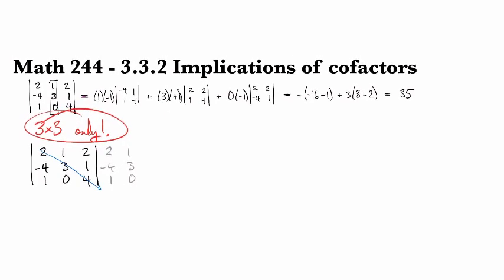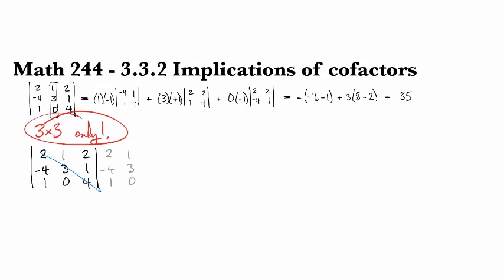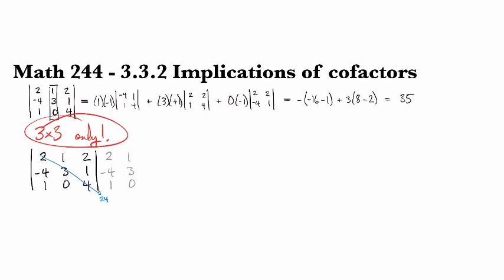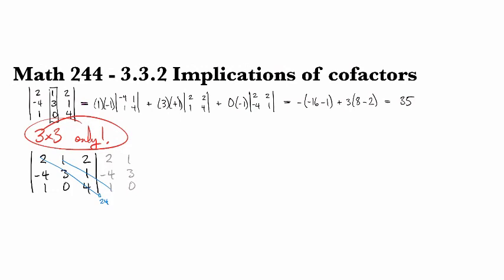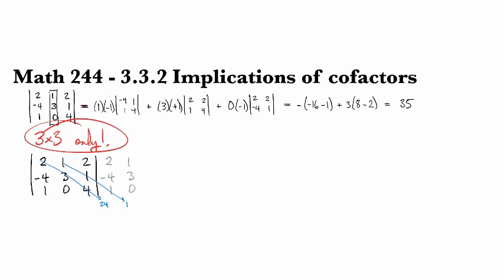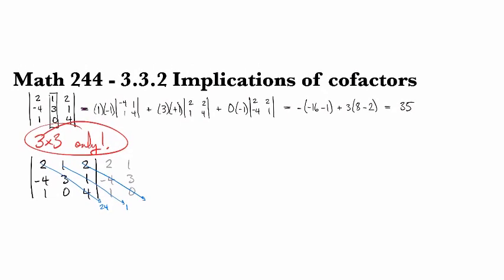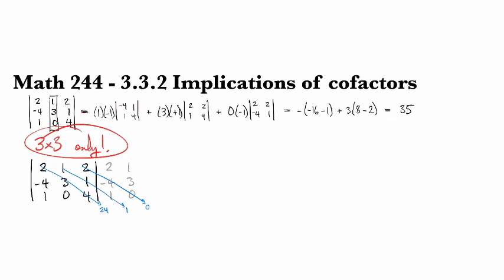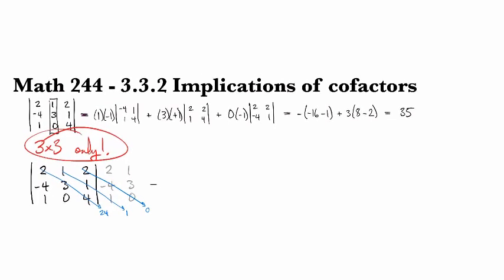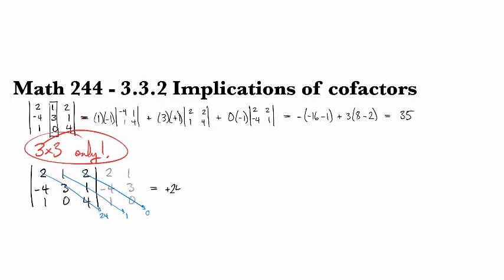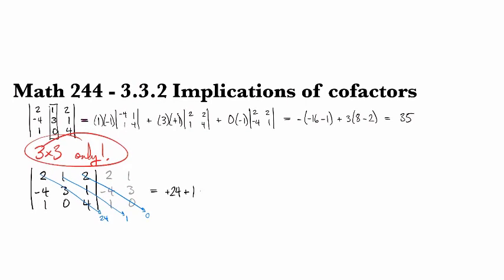So coming down here, we have 2 times 3 times 4, so that's 24. And then we have 1 times 1 times 1, so that's 1. And then we have some stuff times 0, so that's going to be 0. So I'm going to have a plus 24, a plus 1, and a plus 0.